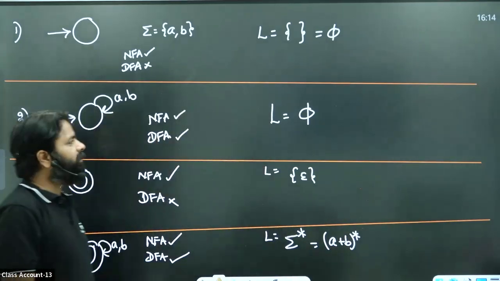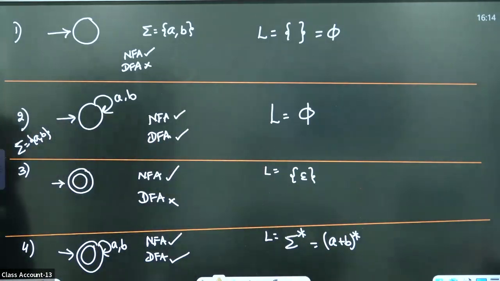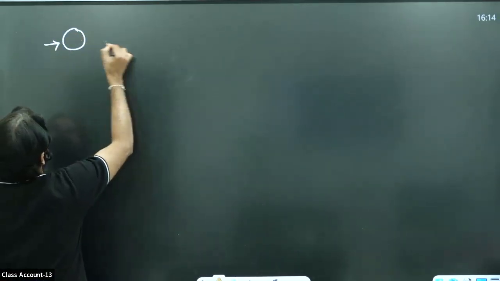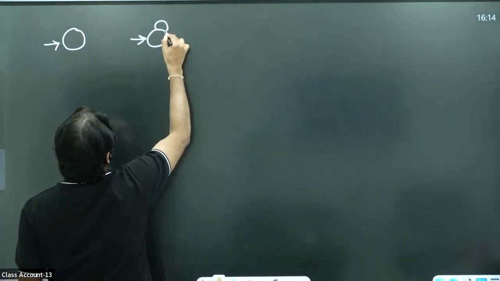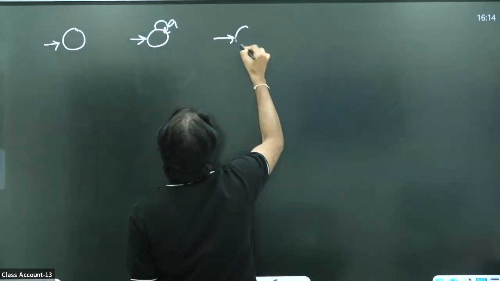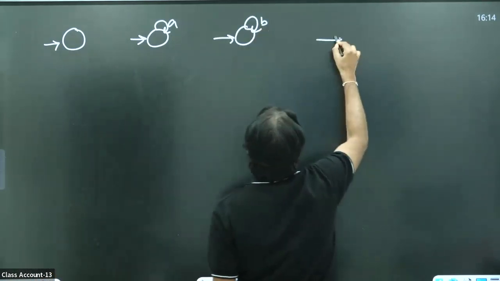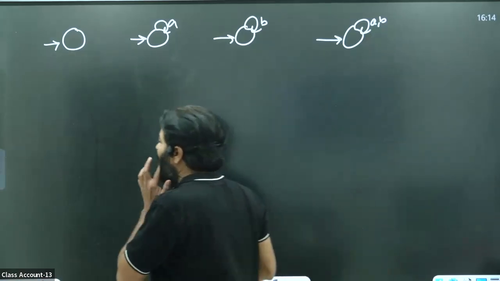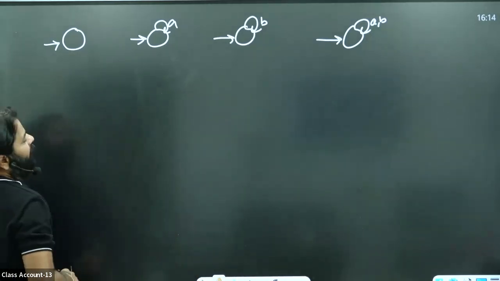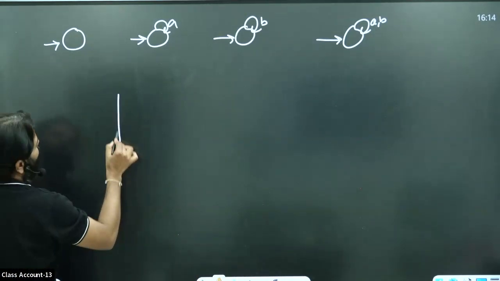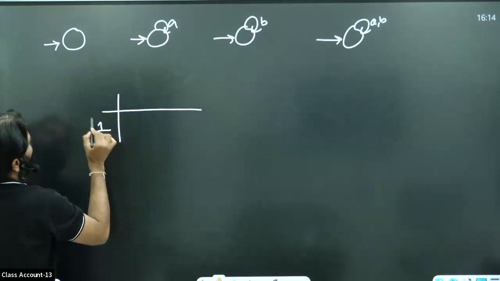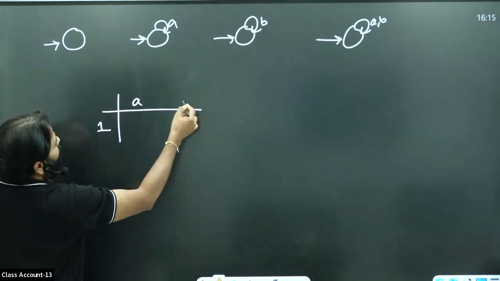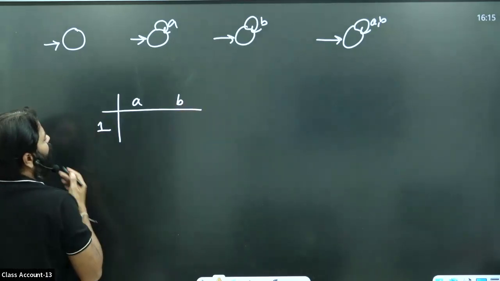What are the interesting points here? If you take just one state, state 1, let's say, for A and for B, how many choices do you have?